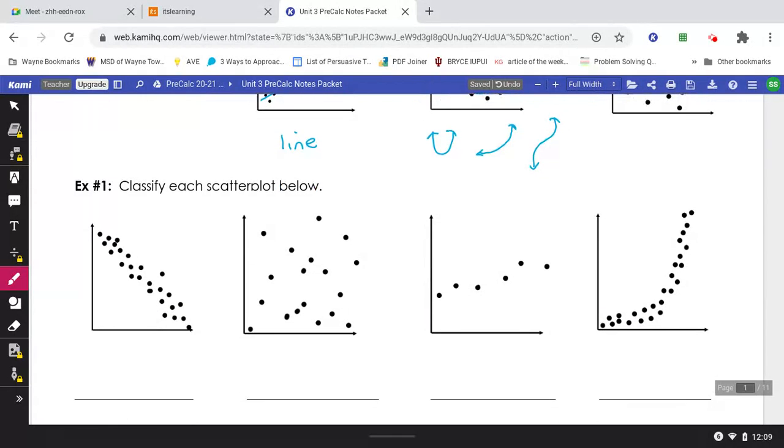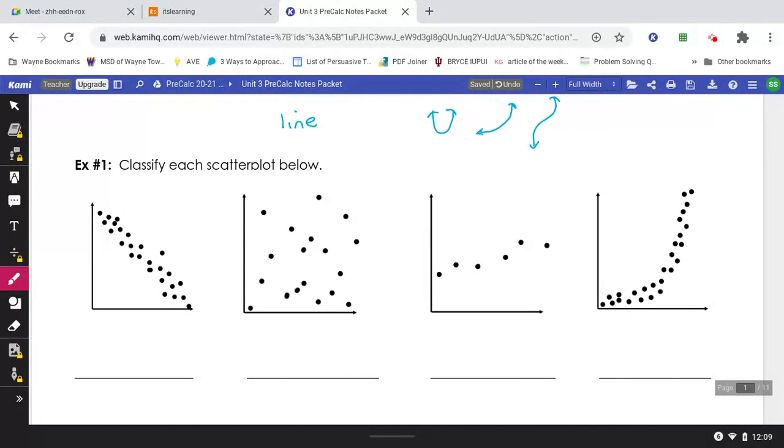All right, so as we look down at example number 1, see if you can classify each of these into the correct category: linear, nonlinear, or neither. The first one should be linear. Generally makes the shape of a line. Second one is neither. Those dots look very random.